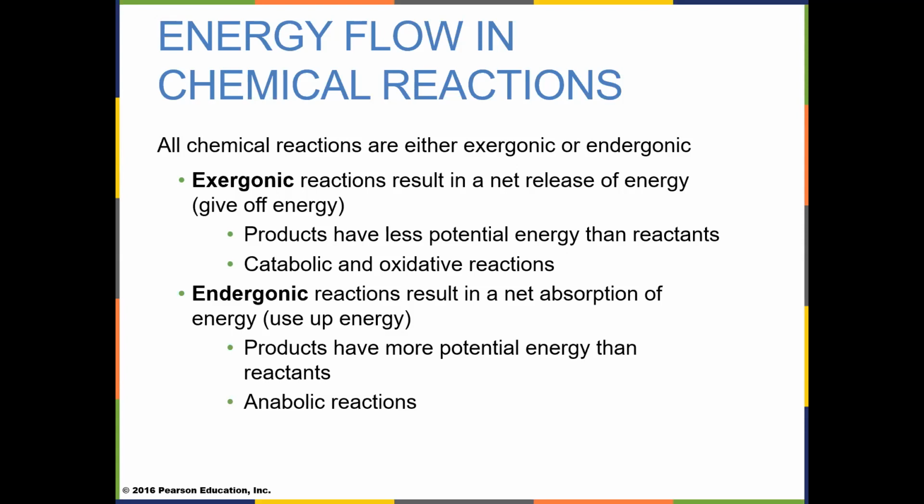Endergonic reactions require energy. The product of an endergonic reaction has more potential energy than we started with. When you bake a cake, there are more calories in the finished product of the cake than you started with, all the ingredients as a mixture.